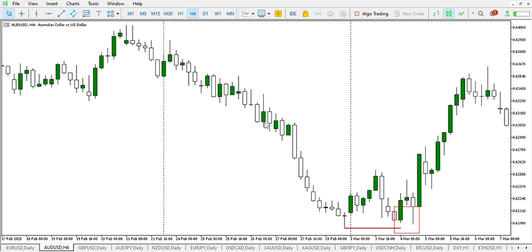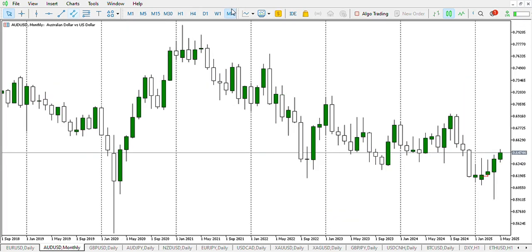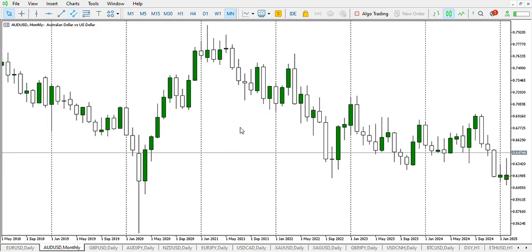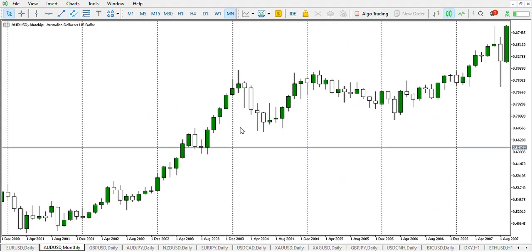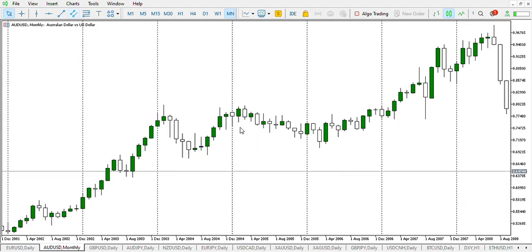Welcome to the chat. The essence of this lesson is for us all to recognize how to spot institutional demand and supply zones. How to spot institutional supply and resistance zones. We need to know that not all support and resistance zones in the market are encompassing of institutional orders.